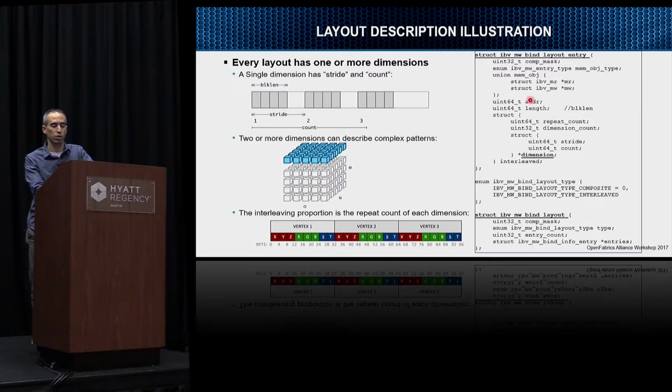So again, address is the offset, 0, length would be the length of the object, in our case 4. We have a single dimension here. The stride is 6, and the count, how many objects we have here, is 3. So this is how we use the bind layout entry to describe this pretty obvious object.